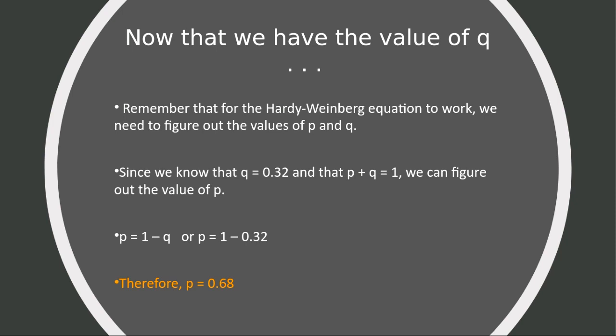So here we have it written out. p equals 1 minus q, or p equals 1 minus 0.32, which was the value we got from taking the square root of q squared. Therefore, p is going to equal 0.68. So 0.68 plus 0.32 does in fact equal 1.